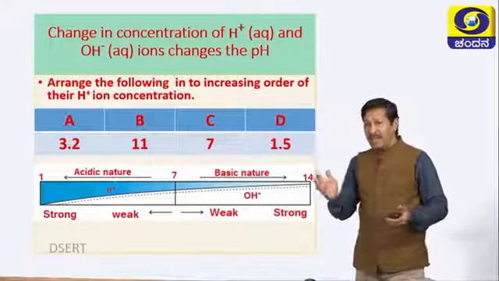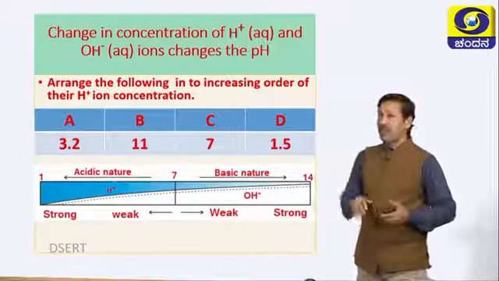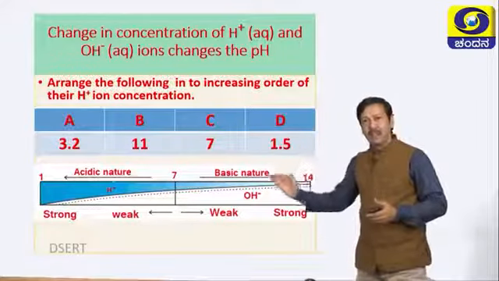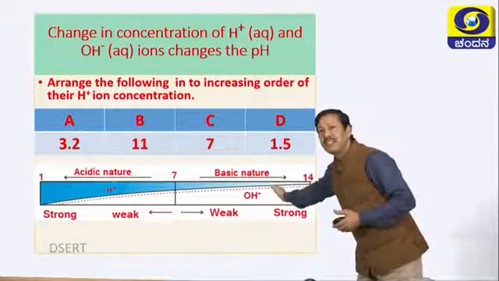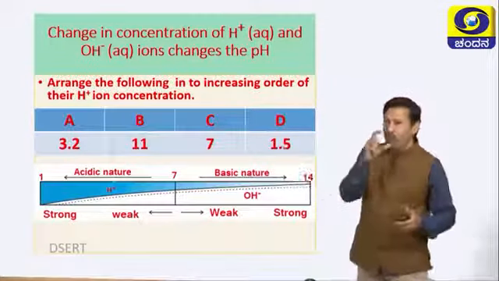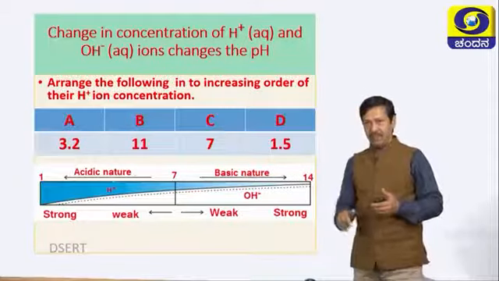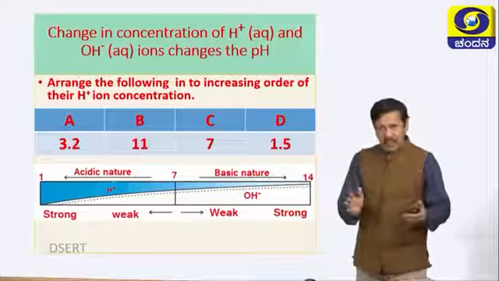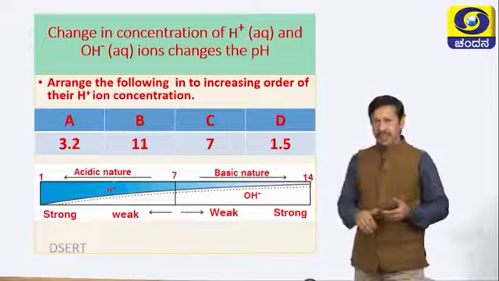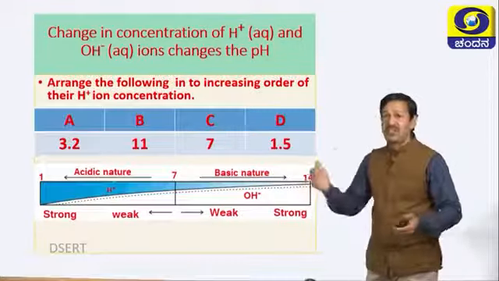Similarly, 8 is weak base, 14 is strong base, because as you move towards the right side, OH minus ion concentration is increasing. Towards the left side, the more blue color indicates H plus ion concentration is increasing. More the H plus, more will be the acidity and lesser will be the basicity. Based on this knowledge, let us try to analyze this question and answer.